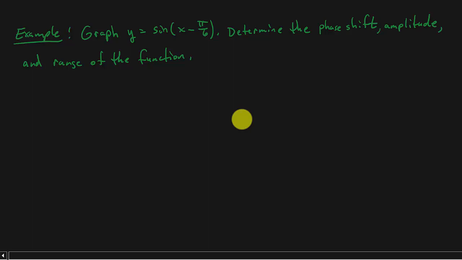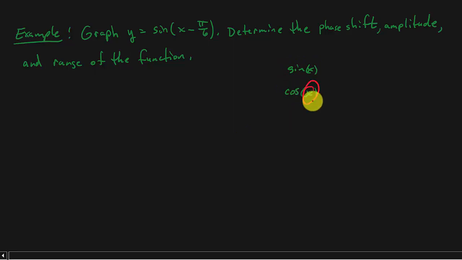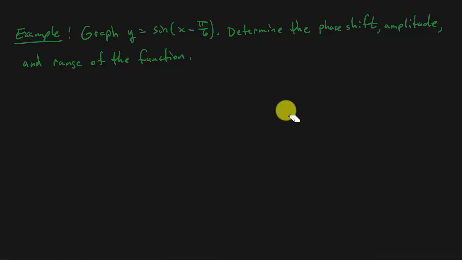And that was for sine x, and that was for cosine x. But do you see the difference? I've just got an x there. Here I have an x minus pi over 6. Okay. So that's telling me I'm not going to be graphing it from 0 to 2 pi. This thing's shifting.